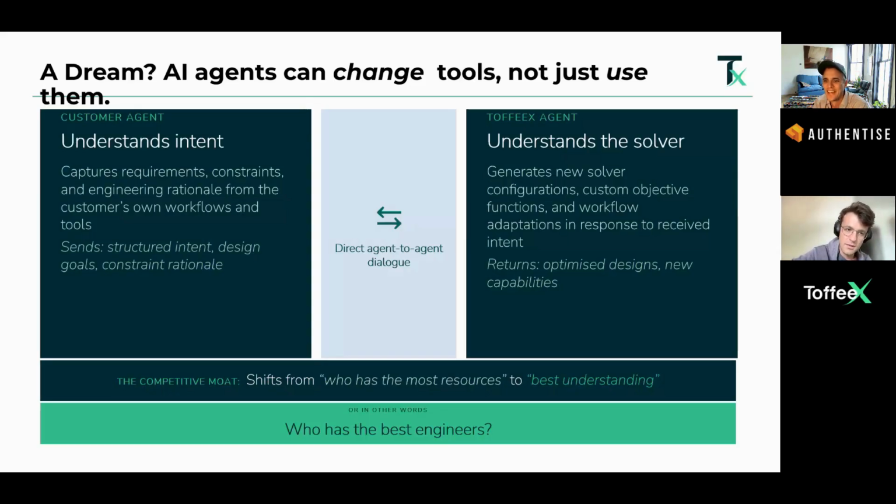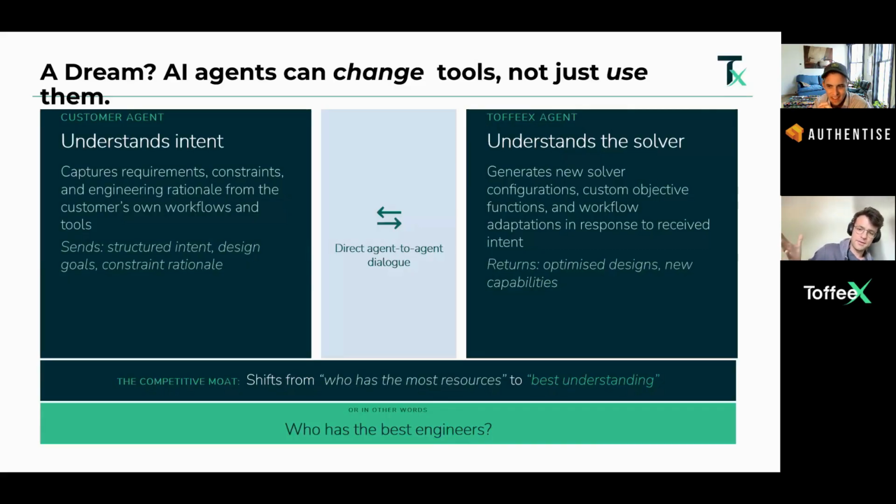So, taking a longer term view, and this is very much a longer term view, if you have an agent which understands intent and an agent which understands the software underlying the solver, there can be a dialogue between the two, and new features can be written and created to answer the requirements expressed by the customer agent.